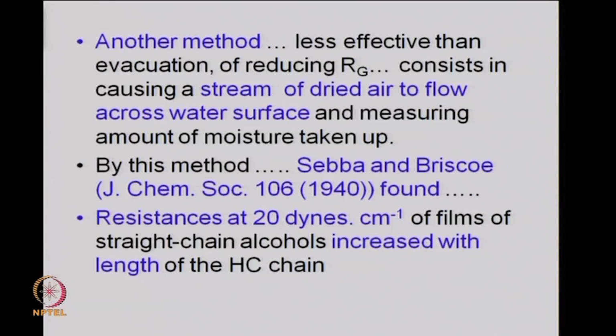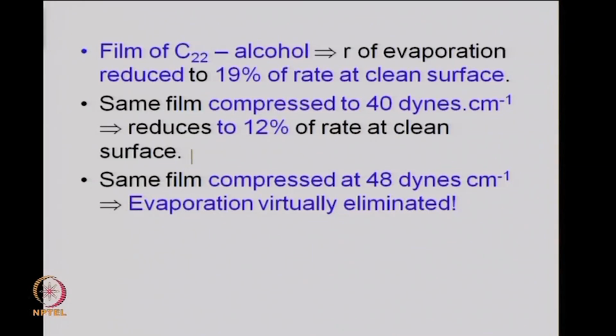At 20 dynes per centimeter they found that the resistance increased with the increase in the length of the hydrocarbon chain, as expected. The barrier is higher if the monolayer is thicker because of higher chain length. For a C22 alcohol, this is dramatic. The rate of evaporation reduced to just 19% of the rate for the clean surface at that surface pressure of 20 dynes per centimeter.